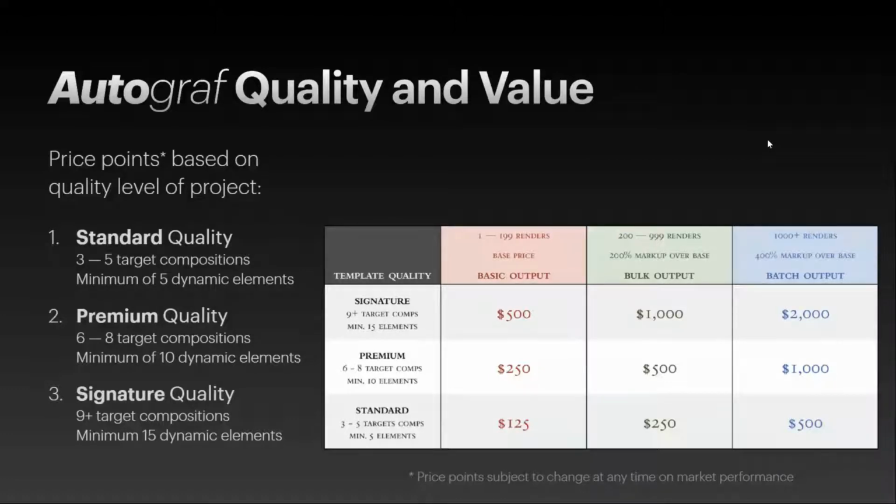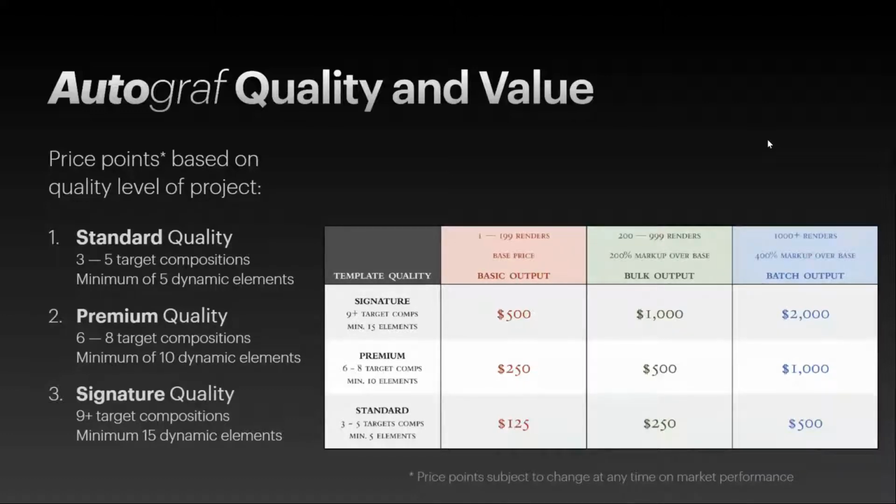We think the time that creatives put into their art is very valuable, and it's important for artists and authors building these templates to realize that this is real intellectual property that should be valued at a price point that makes sense for the time put in.